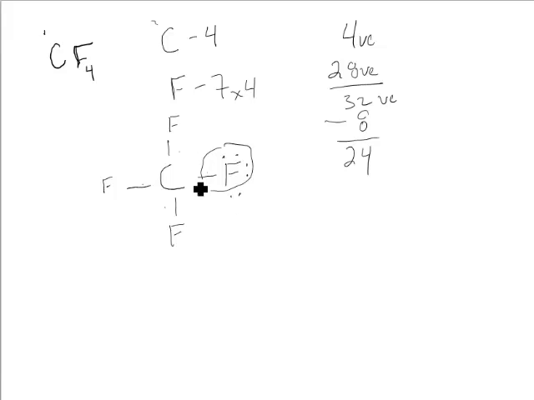So that's 6 there, and that now has 8. And then we do the same thing to all these fluorines. That's 2, 4, 6 times each of those, so that's 24 electrons, and we have none left then.